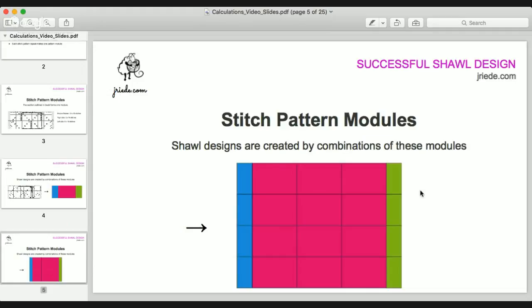In this case, it's shown for 4 repeats of this building block, and we can virtually repeat as often as we would like to. Just the more often you work this building block repeat, the longer your shawl gets, basically. So basically, stitch pattern modules are your building blocks when designing a shawl.